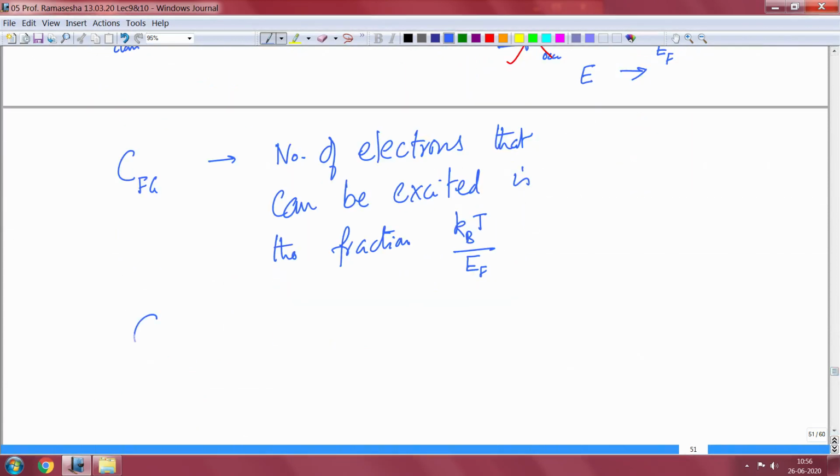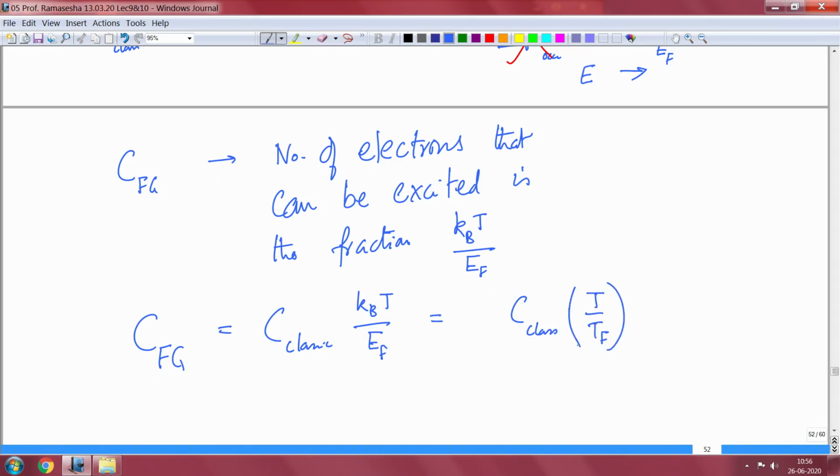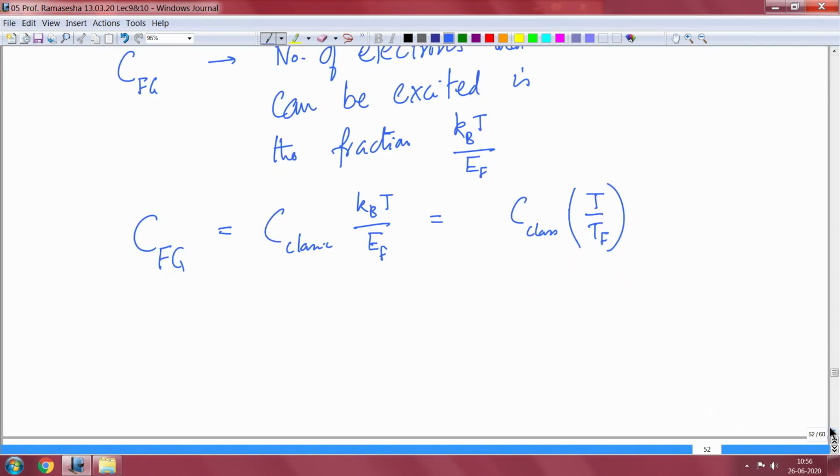So C for a Fermi gas will be equal to C classical times kBT by EF, or is equal to C classical into T by Tf. So for the Fermi gas, I can write down C_FG is equal to 3/2 kB into T by Tf.